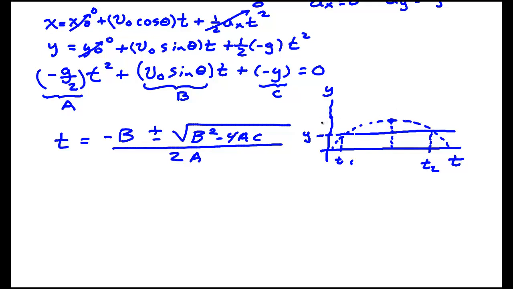At the maximum, right here, y max, which we'll call h, the line only touches the curve once. So you can only get one answer. The only way you can get one answer here is if you add and subtract something that doesn't change it, which means b squared minus 4ac has to equal 0.